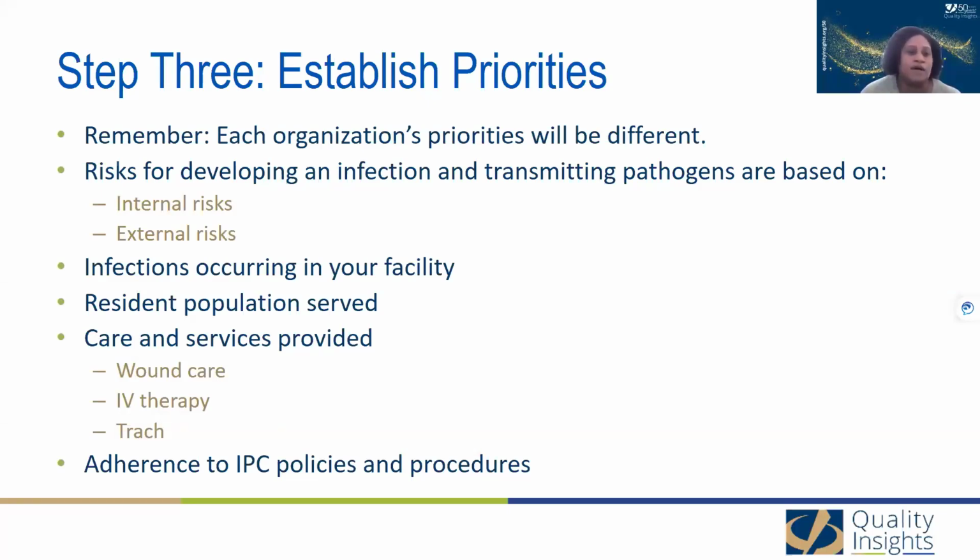So if you do a lot of wound care, IV therapy, trach care, make sure that's included. And also, during your surveillance and monitoring, if there's any issues with adherence to your infection control policies and procedures, make sure to include those as well.